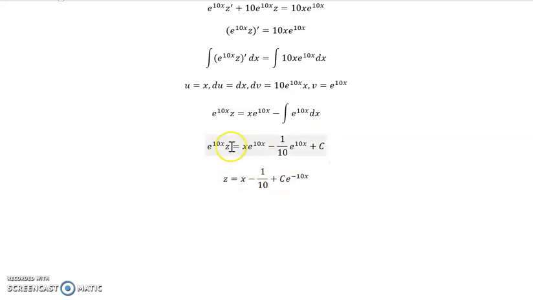Now at this point I need to solve for z. And so if I solve for z, I'm going to multiply everything by e to the negative 10x, or I can divide by e to the 10x, whichever way I prefer to think of it. And so the e to the 10x here is going to cancel on the x.